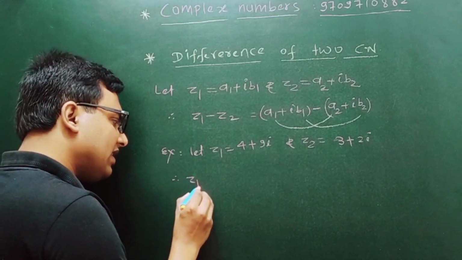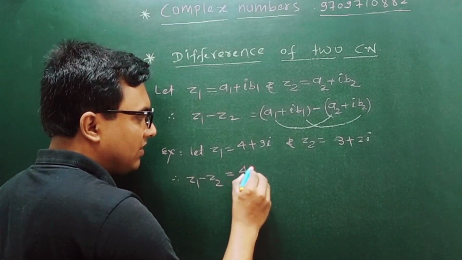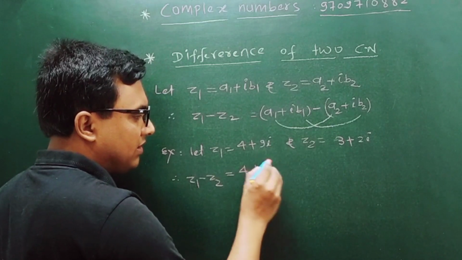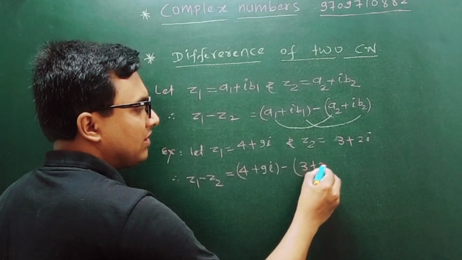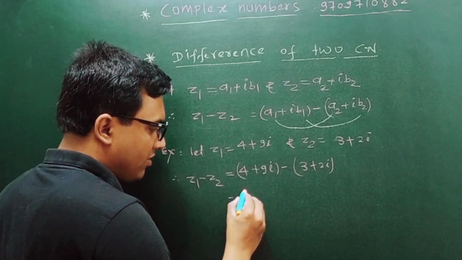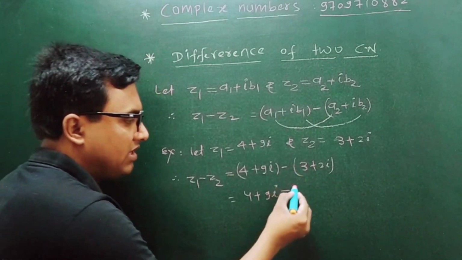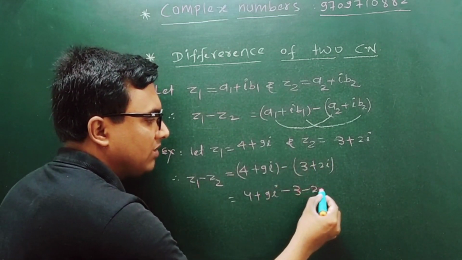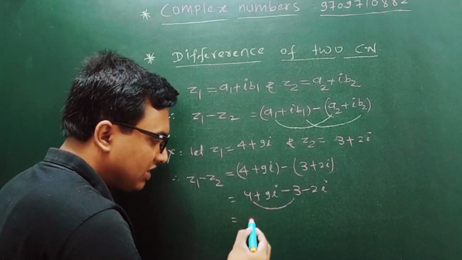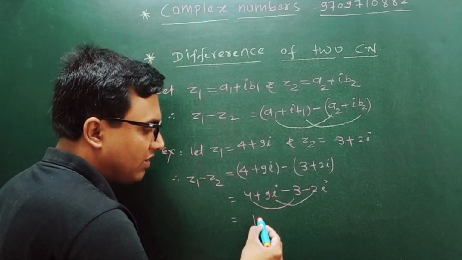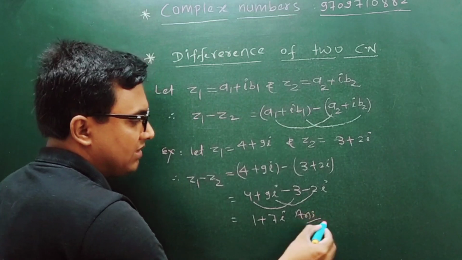Therefore z1 minus z2 is equal to what? 4 plus 9 iota minus 3 minus 2 iota. 4 minus 3 is equal to 1 and 9 minus 2 is equal to 7, so 1 plus 7 iota. This is your final answer.